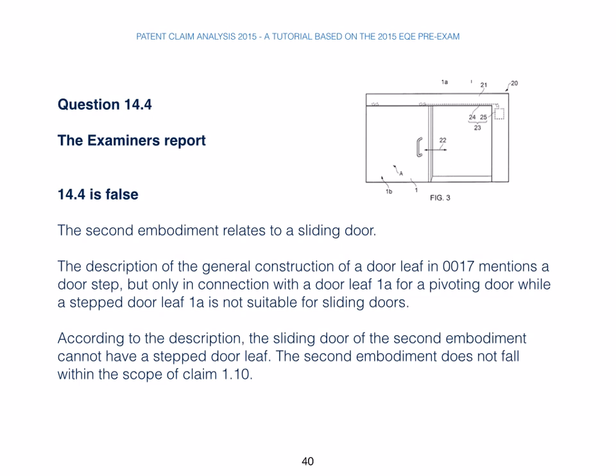According to the description, the sliding door of the second embodiment cannot have a stepped door leaf. The second embodiment does not fall within the scope of claim 1.10. Now some comments of my own.